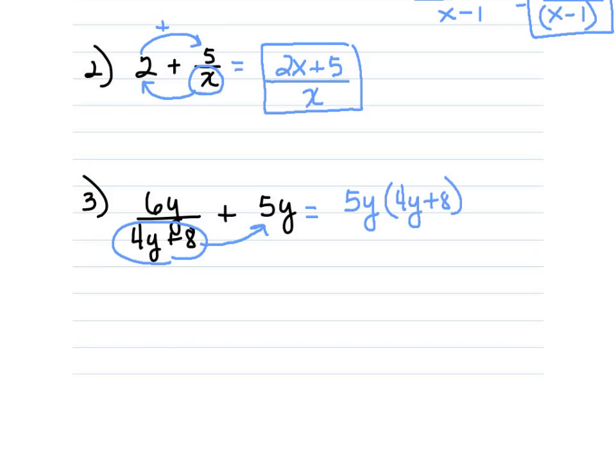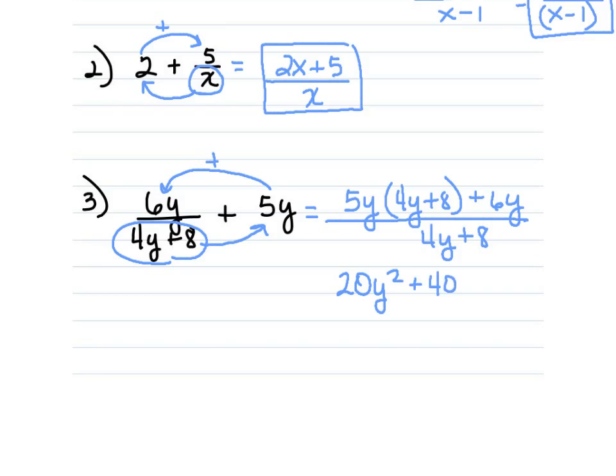And then we will add 6y plus 6y and put all of that over 4y plus 8. Okay, let's simplify. 5y times 4y is 20y squared. 5y times 8 is plus 40y, and then add 6y. All of this is over 4y plus 8. And we'll simplify a little bit more.